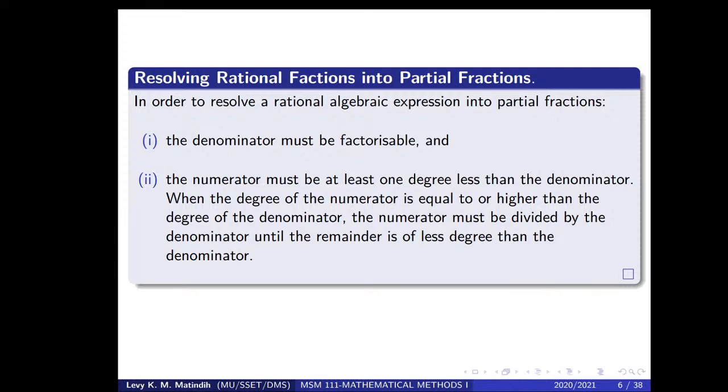So every time you are converting a given rational function into partial fractions, first the denominator must be factorizable, and second the degree of the numerator must be less than the degree of the denominator. Then you can convert a given rational function into partial fractions.